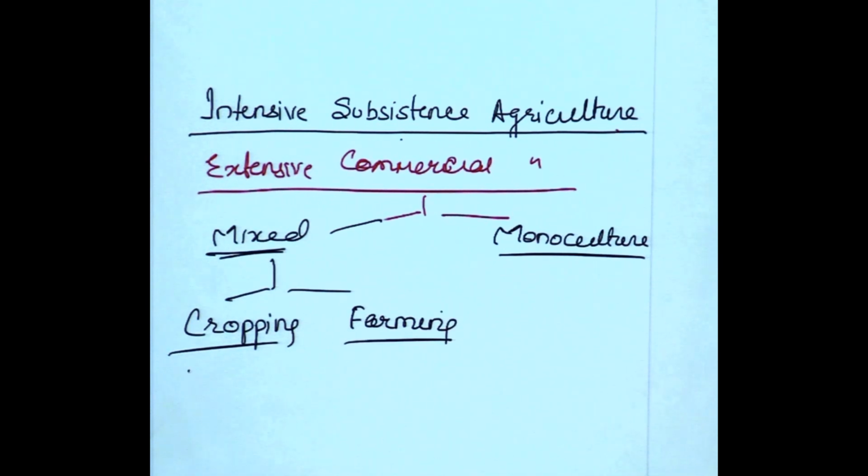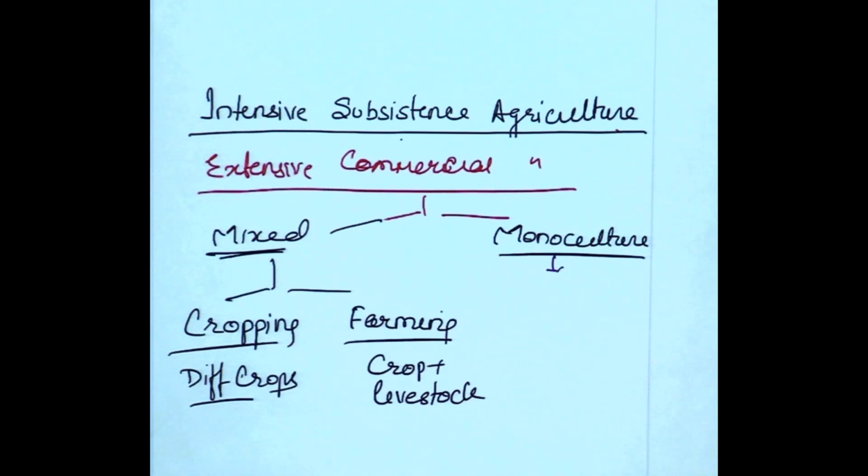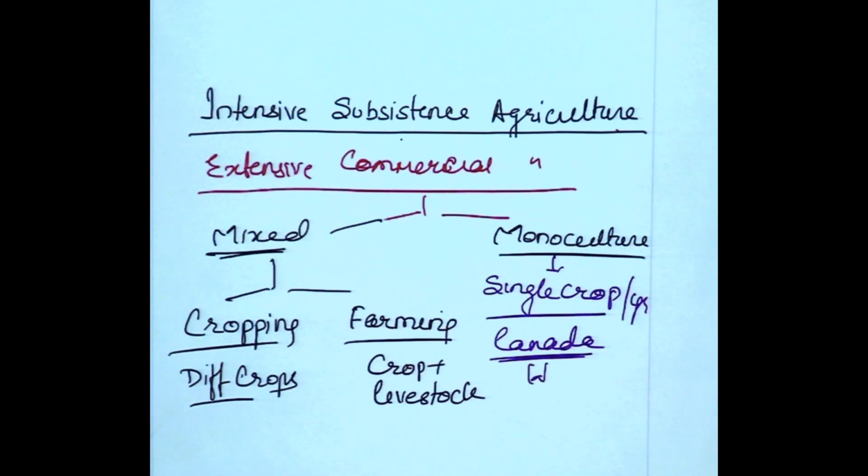Essential differences: different types of crops, crop with livestock. And what is monoculture? Monoculture is single crop per year, as in Canada. Monoculture of wheat. Reason: winter becomes too grim for me to cultivate anything.